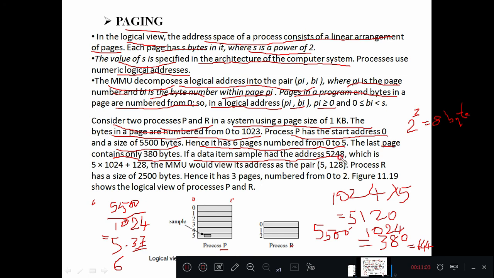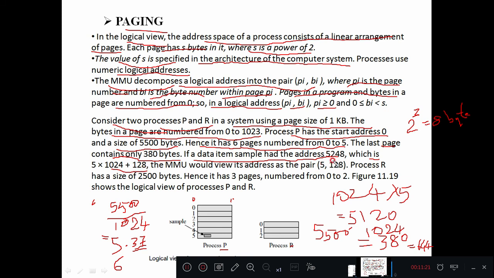So before locating this data at 5248, first we need to identify in which page the byte lies, which is around 5 into 1024 plus 128.